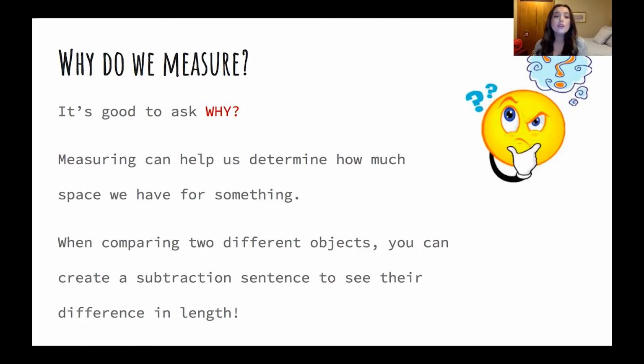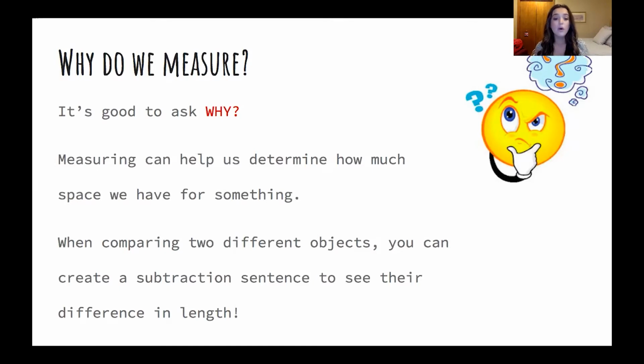But we always want to ask, why are we doing something? Are we doing something just to memorize how to do it? How does this help us? So measuring can help us determine how much space we have for something.